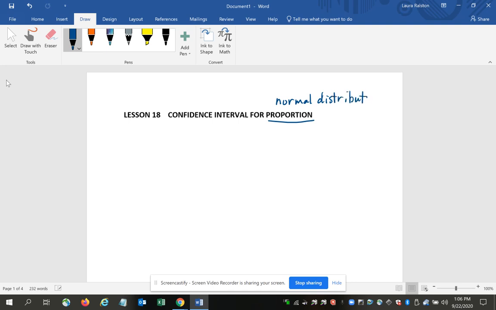So in a sense, you're going to go back to the idea of computing a z interval, using that bell-shaped, symmetrical distribution that we refer to as the normal.